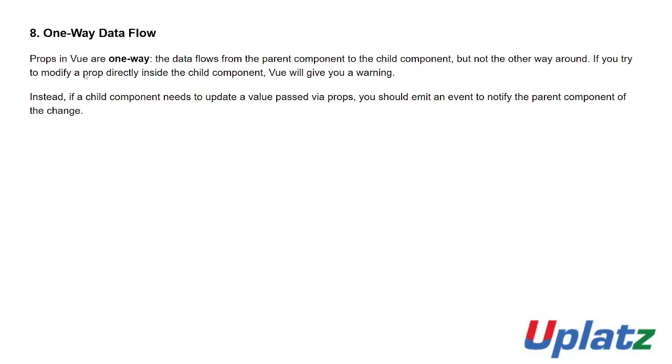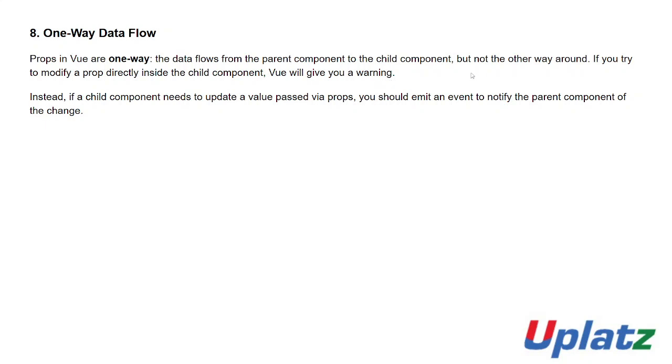Next, one-way data flow. Props in Vue are one-way. The data flows from the parent component to the child component, but not the other way, not from the child component to the parent component. If you try to modify a prop directly inside the child component, Vue will give you a warning.